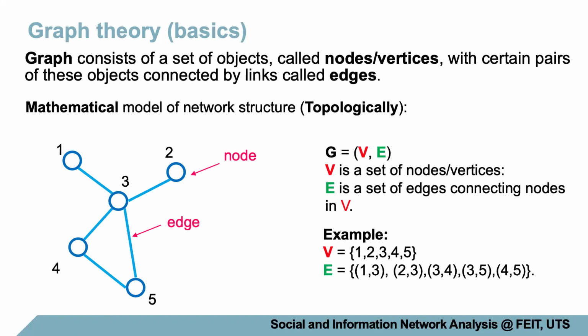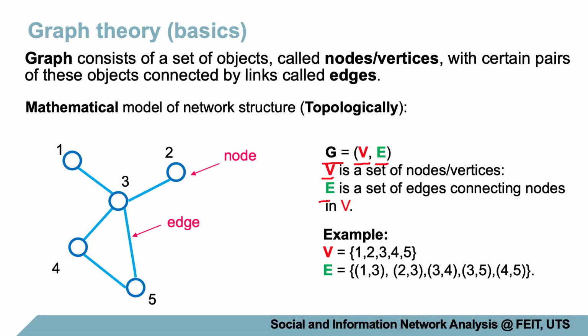To mathematically represent a graph, we normally use this kind of notation. We use G to represent a graph, and it consists of a set of objects or vertices, and also the set of the links between them, which we call edges.